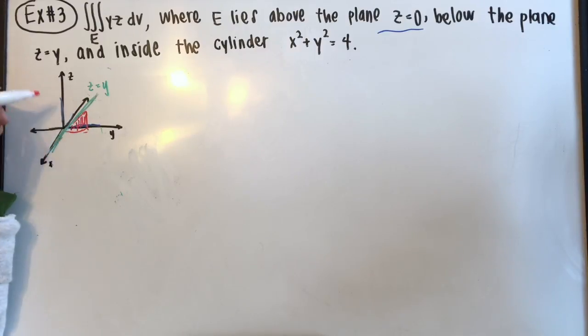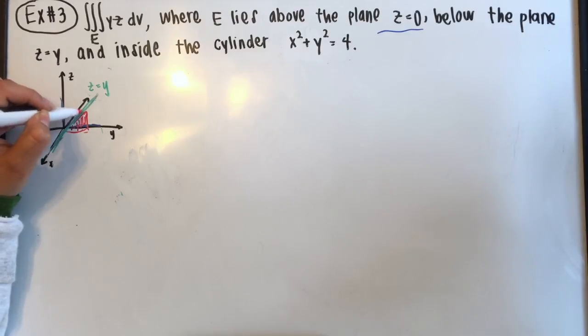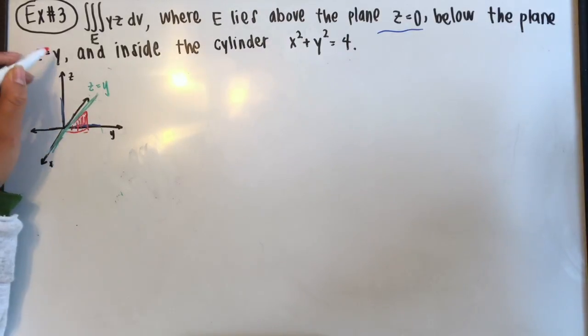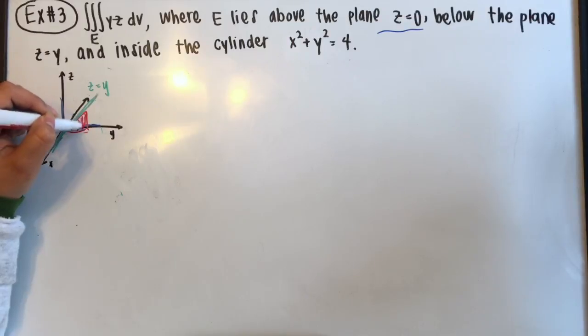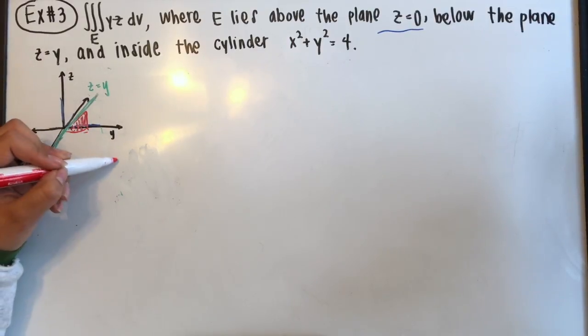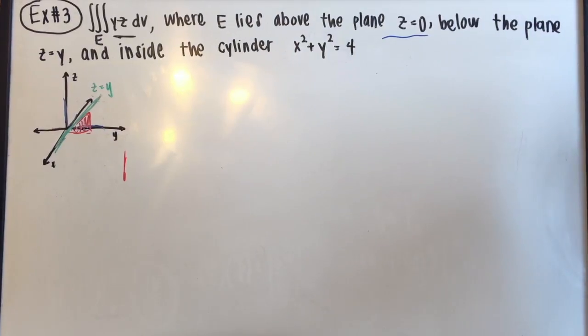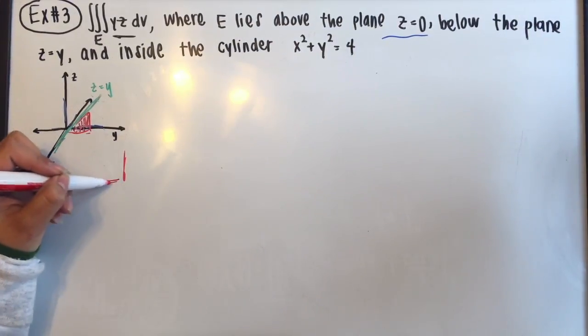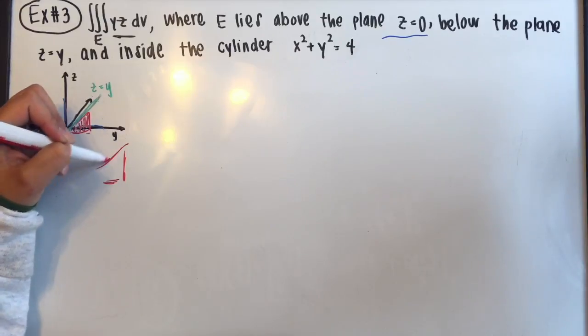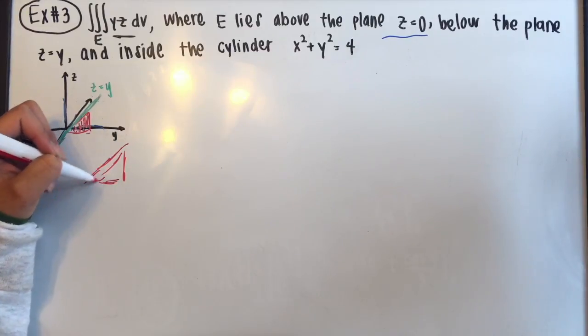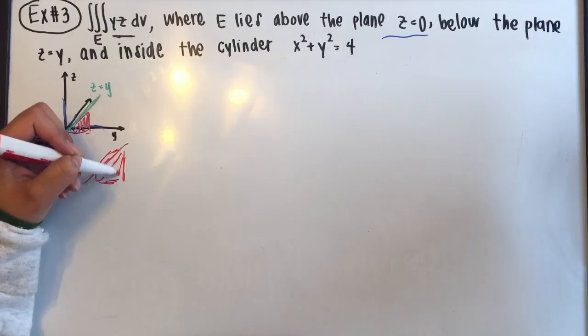This right here, because it's below this plane and above z equals 0, it's going to be this part right here. It's kind of going to look like this. This is our plane, so it's going to look like this.